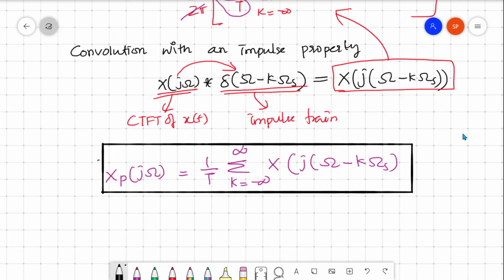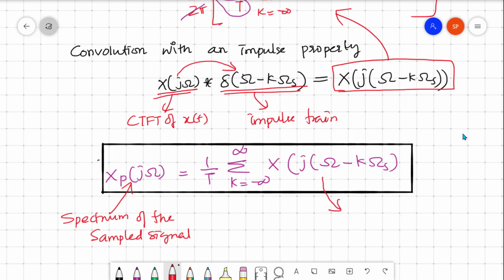So this is one of the important results, and this particular result says that the spectrum of the sampled signal is equal to the shifted replicas of X of j omega.